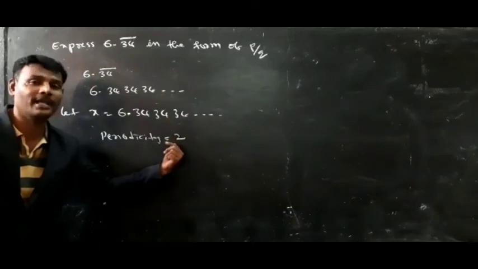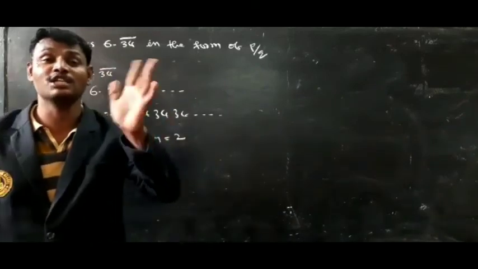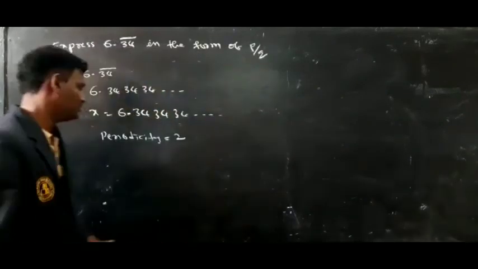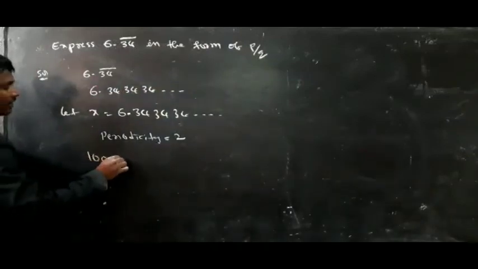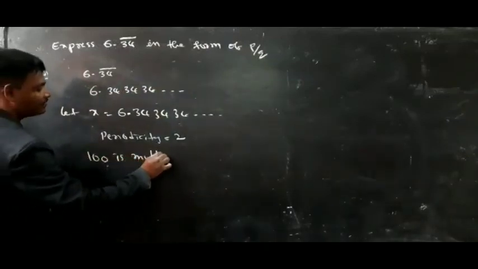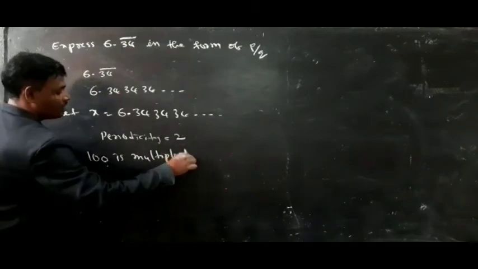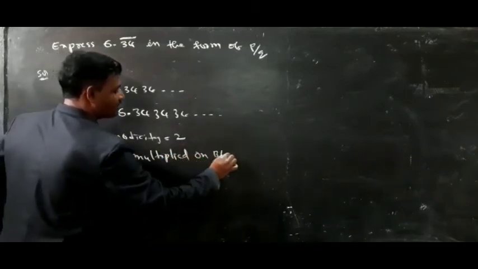That is called periodicity. If periodicity is 2, multiply with 100 on both sides.